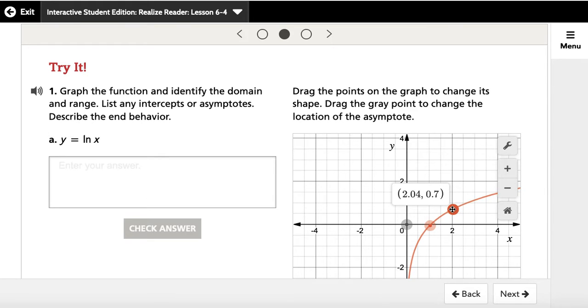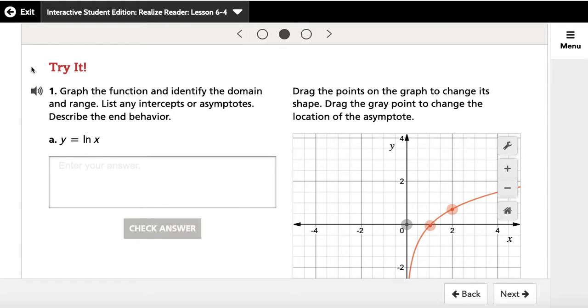That's pretty close. I don't know if I can get much better than that. So there it is. What do they want us to find? List any intercepts. The x-intercept is 1. Asymptotes. The y-axis is an asymptote, so x equals 0. There's no horizontal asymptote. Describe end behavior. As x approaches infinity, y approaches infinity.